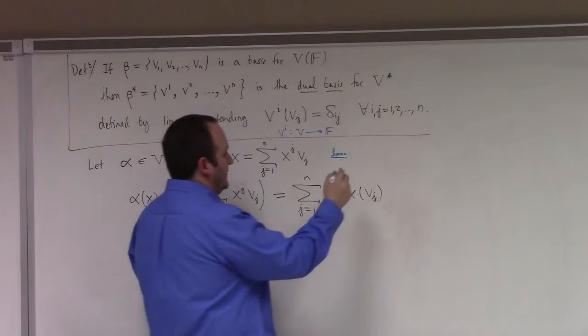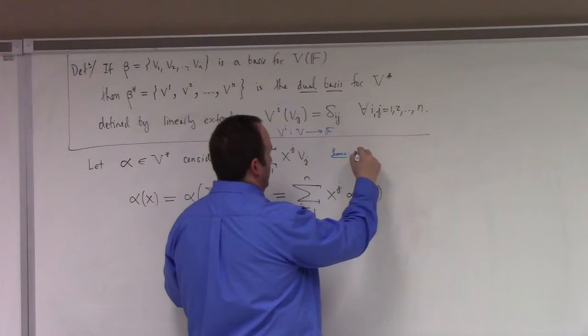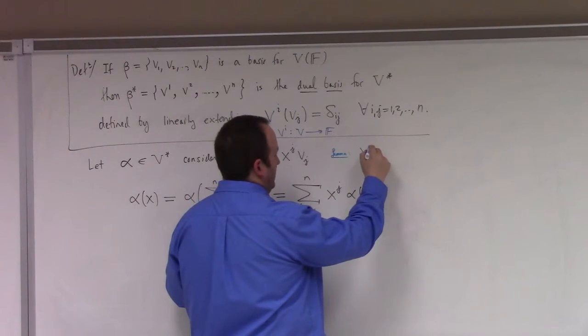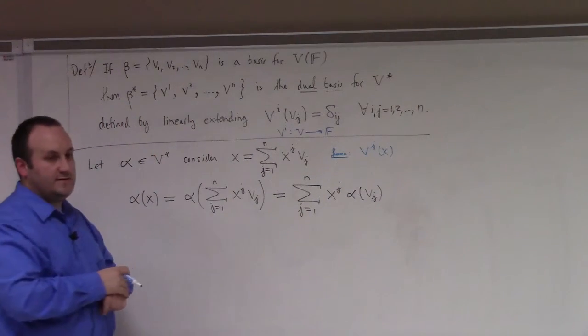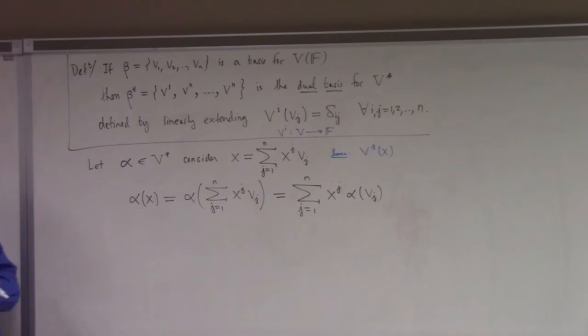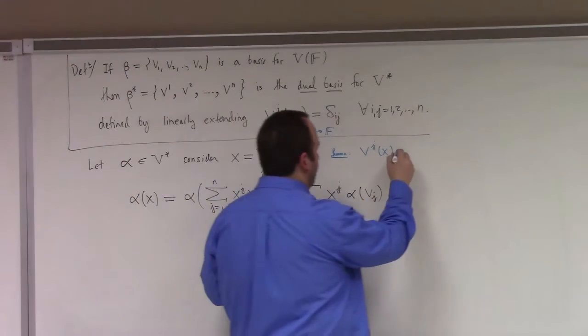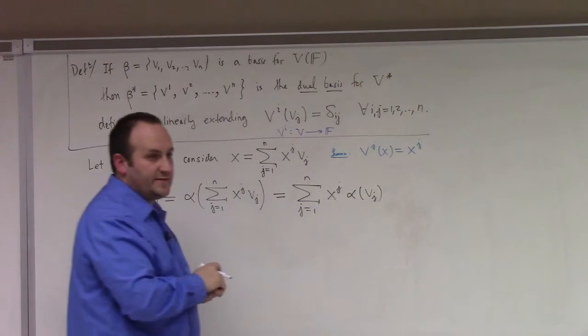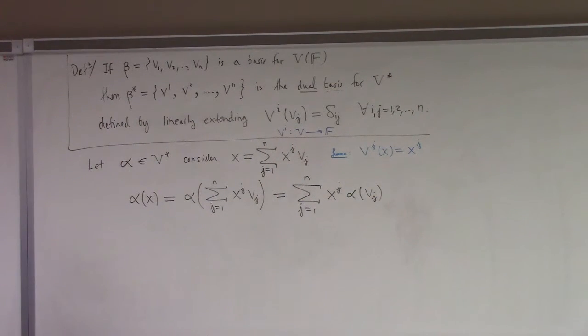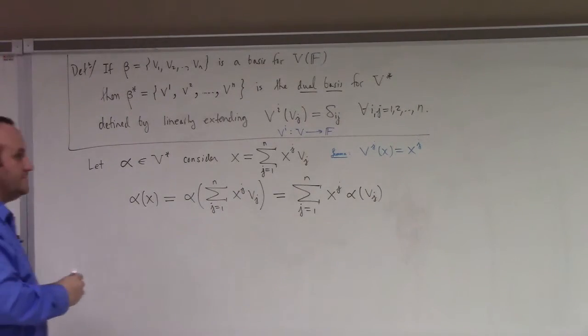So, v^j of x, with x so defined, is equal to what? It's in fact equal to x^j. I'll show you the proof right about now.